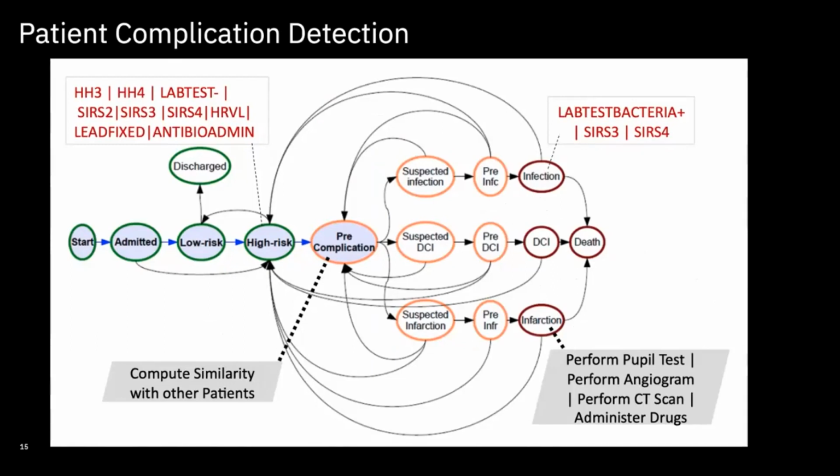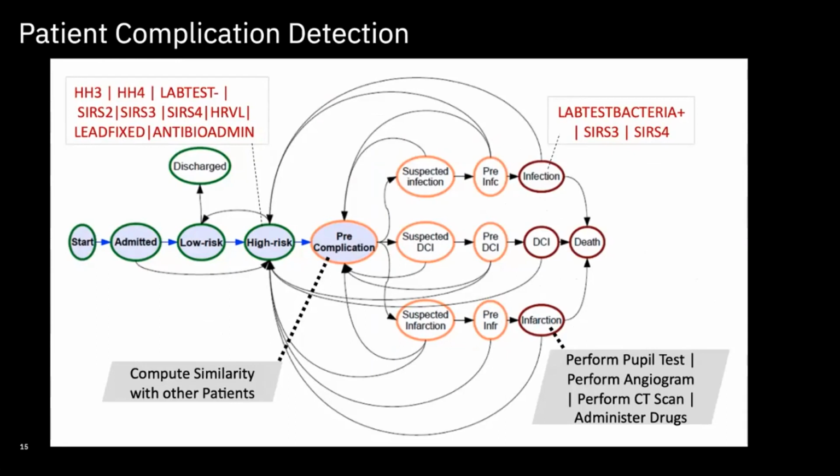Now, a simple model that represents the transitions in the healthcare application is shown here. Nodes are states, and the observations that we saw in the previous slide are associated with these states. So the patient is initially admitted, then they can be in a low or high risk state, and things can progress to pre-complications and other states.